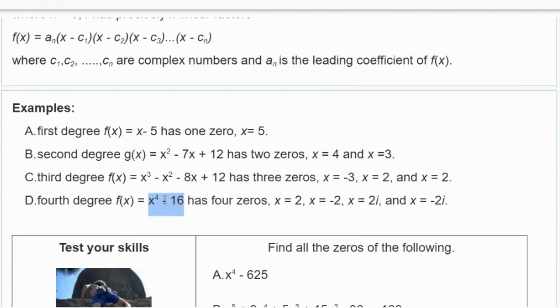And if you factor this, which we could actually do, you get x equals 2, x equals negative 2, and two imaginary zeros. So the fundamental theorem of algebra says a polynomial will have as many factors as the highest exponent.